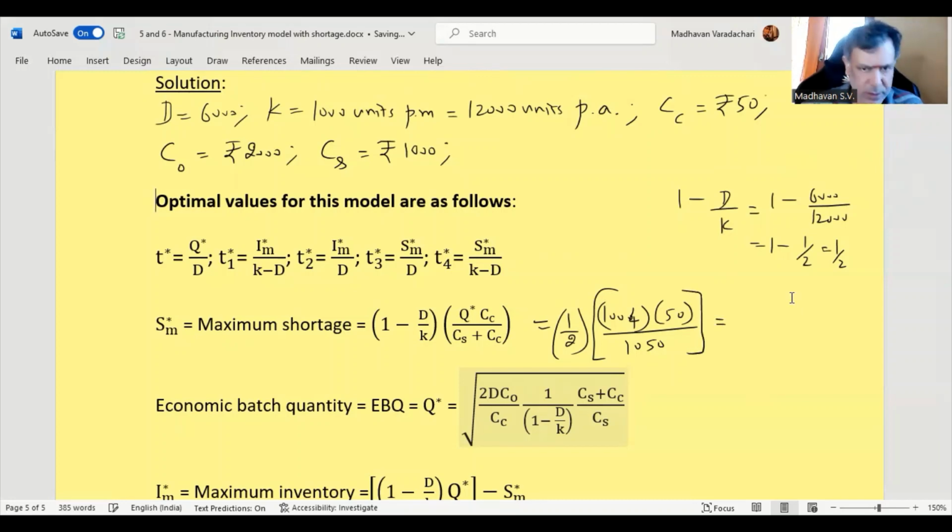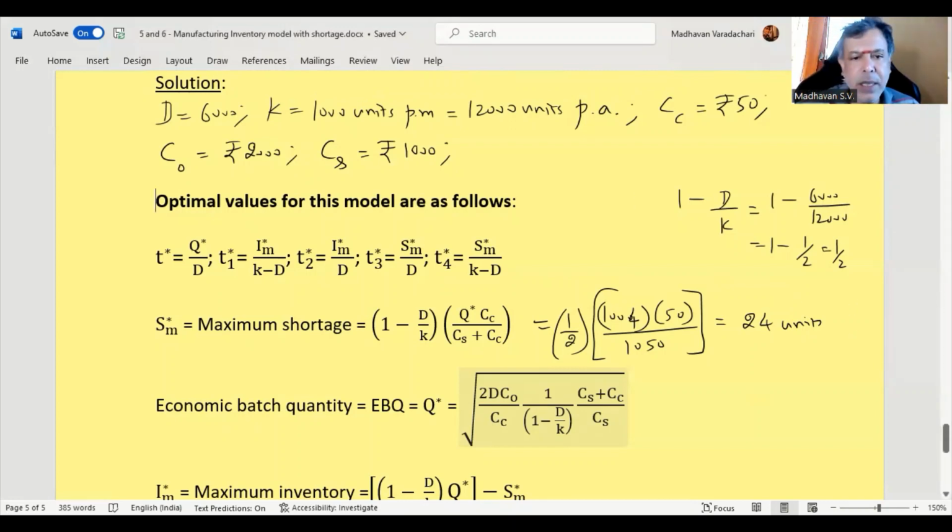If we calculate this, we will have 24 units. Let me recheck this: 1,004 multiplied by 50 divided by 2 divided by 1,050. Yes, it is approximately 24 units.